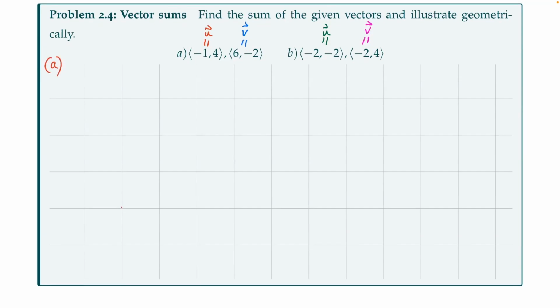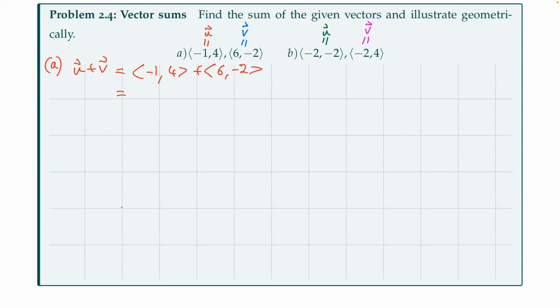Okay, let's see how you guys got on. So first of all, I'm going to add together these things component-wise. So for A, u plus v is going to be -1, 4 plus 6, -2. We just add the components together.